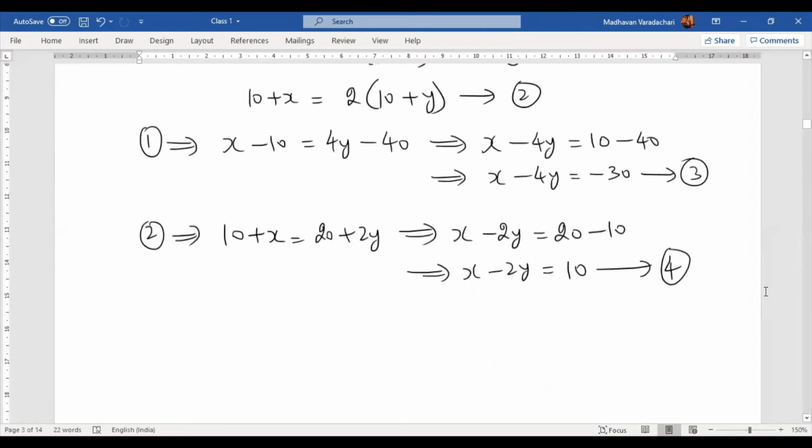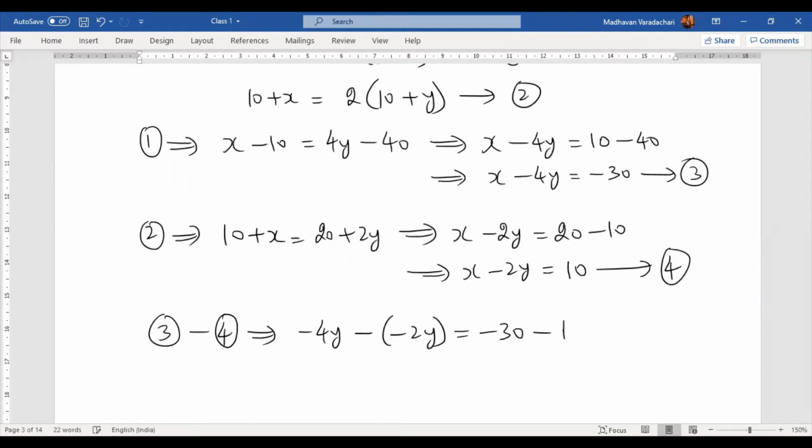Now we can subtract the third and fourth equations. Why are you subtracting? When you do that, x and x will get eliminated. So third equation minus fourth equation: x and x get eliminated. Minus 4y minus of minus 2y, because you are subtracting, is equal to minus 30 minus 10.